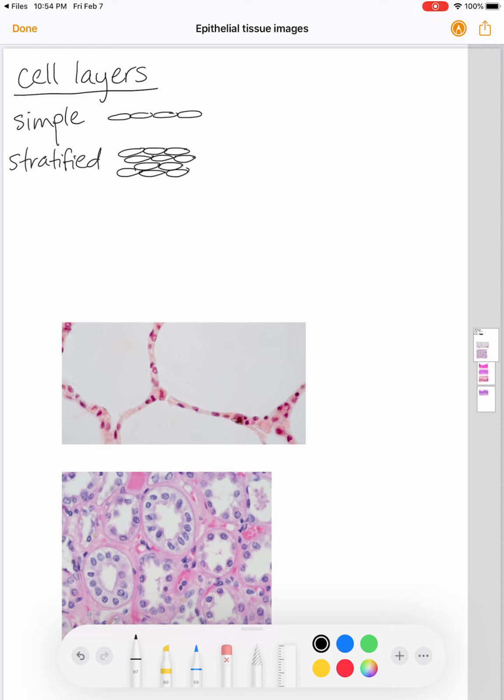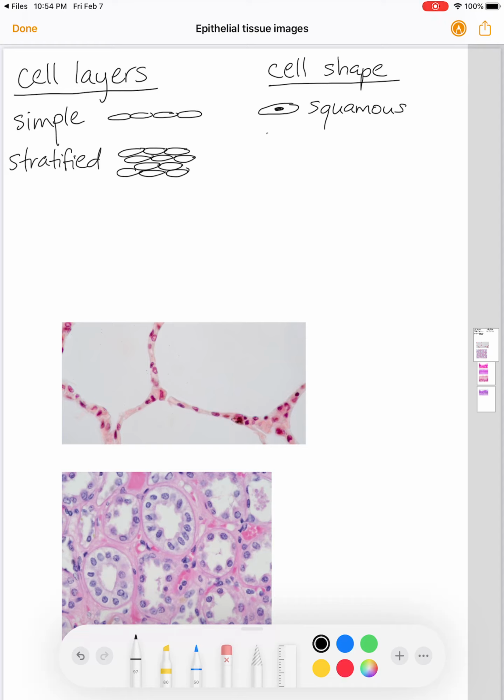The second thing we're going to look at is cell shape. And there are three different cell shapes when referring to epithelial tissues. The first cell shape is a little flattened, squished looking cell called a squamous cell. Okay, squamous cell.